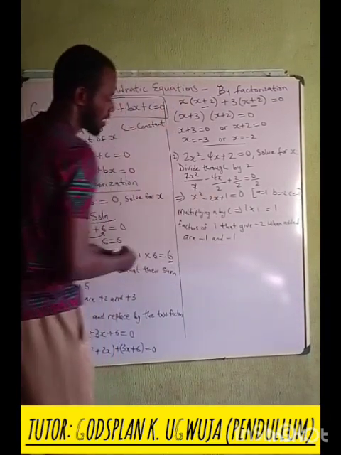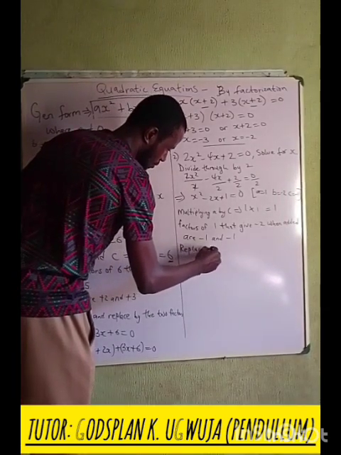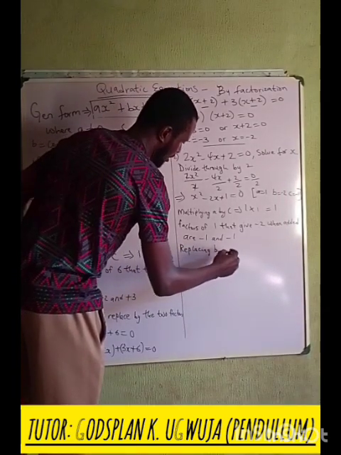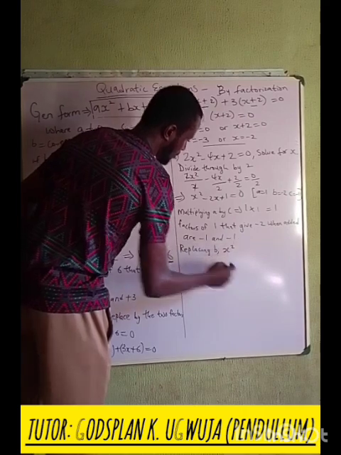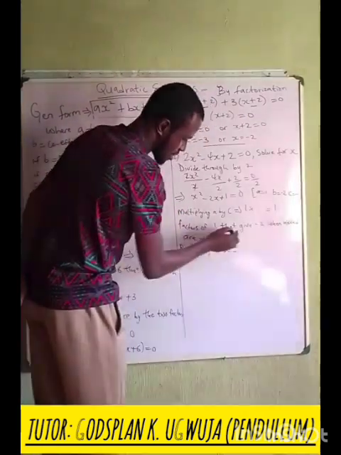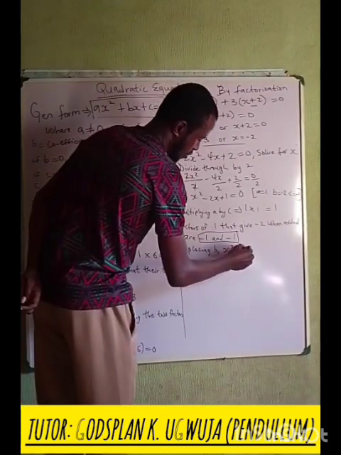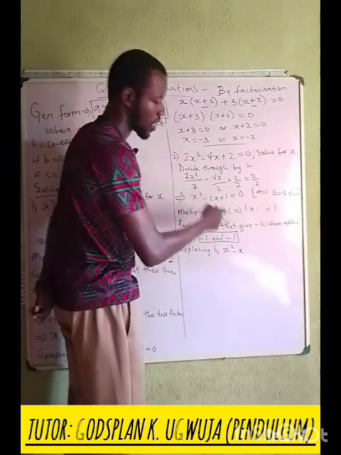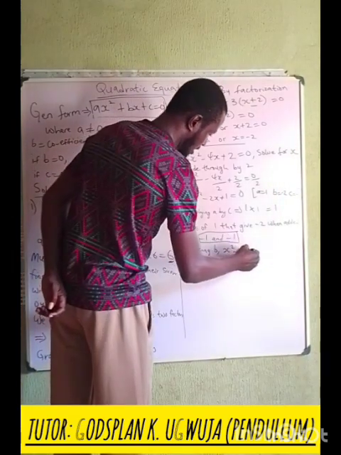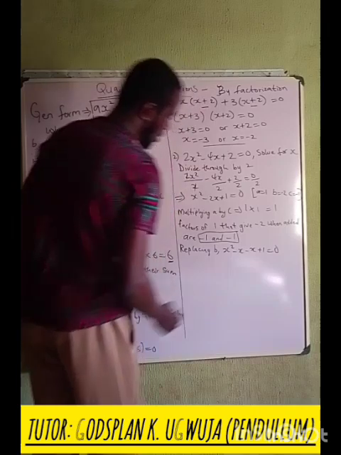So we use these two factors to replace b. So replacing b, we have that x squared, I remove this, so minus, remember we're replacing it with -1 and -1. So just write minus x, instead of writing -1x, you just write minus x plus 1 equal to 0.